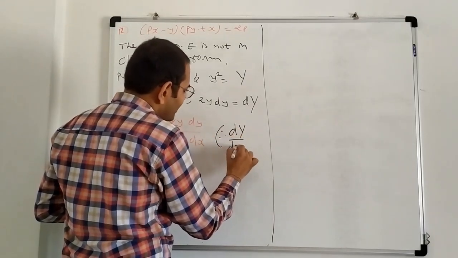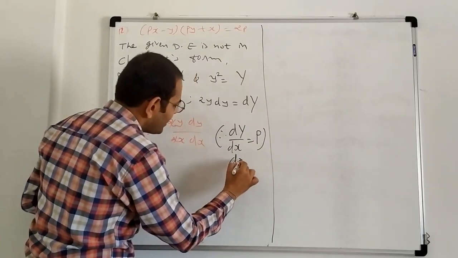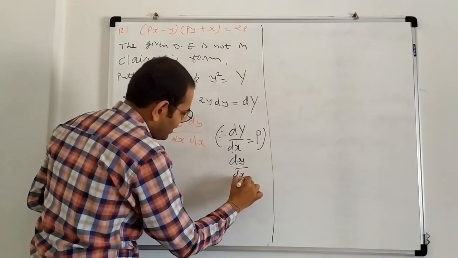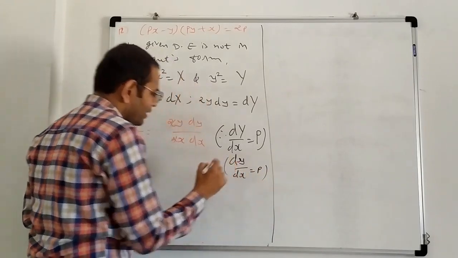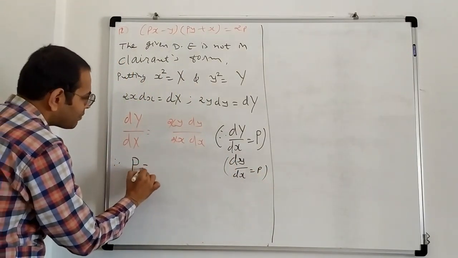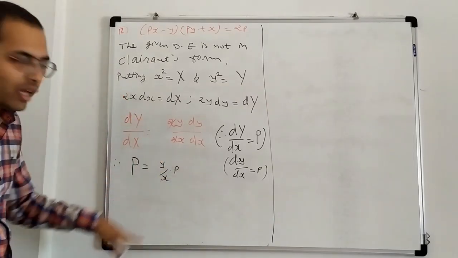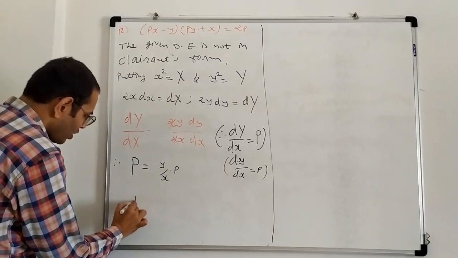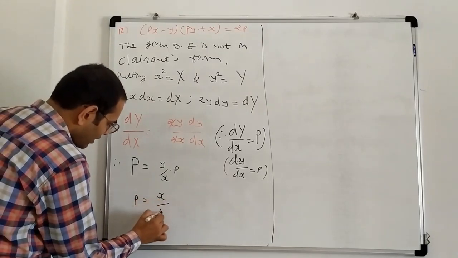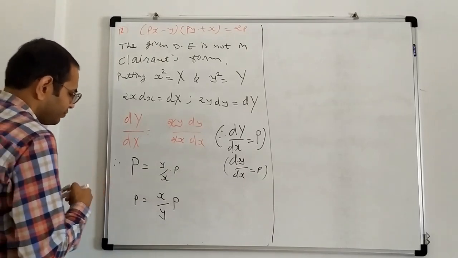Capital dY by dX equal to capital P and small dy by dx equal to small p. Then we put capital P equal to y by x into small p, to make small p the subject, small p equal to x by y into capital P.